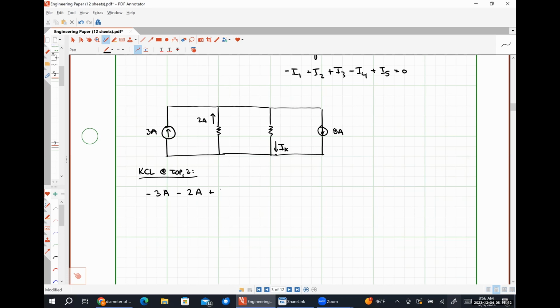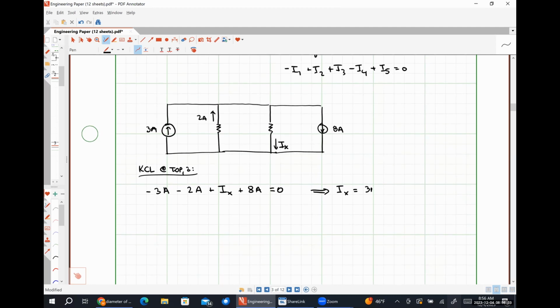IX is exiting the top node. So it's positive. And 8 amps is exiting the top node. So it's positive. Set this equal to 0 and rearrange things. So IX is going to look like 3 amps plus 2 amps minus 8 amps.